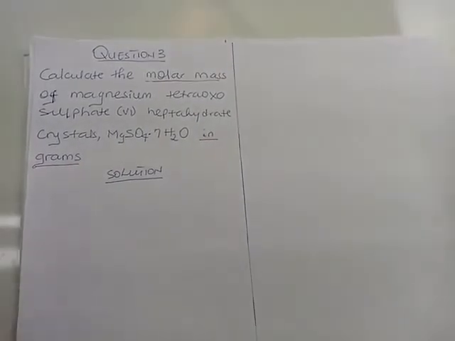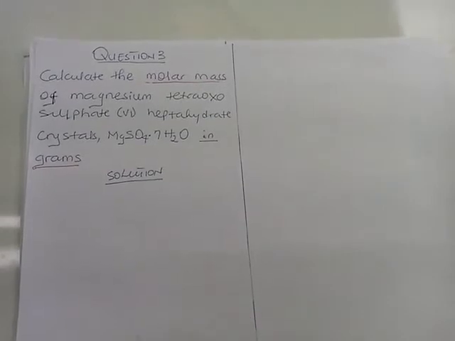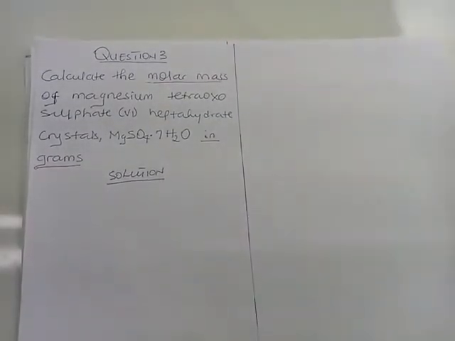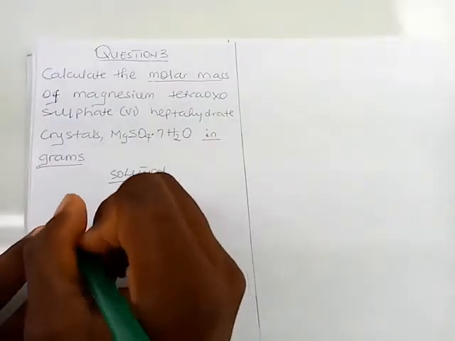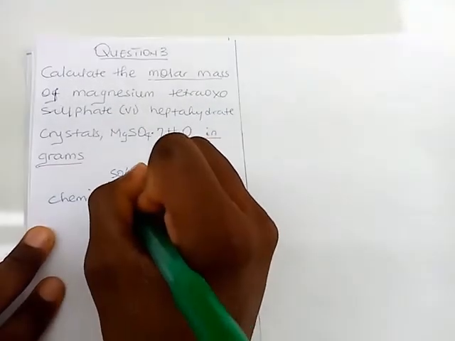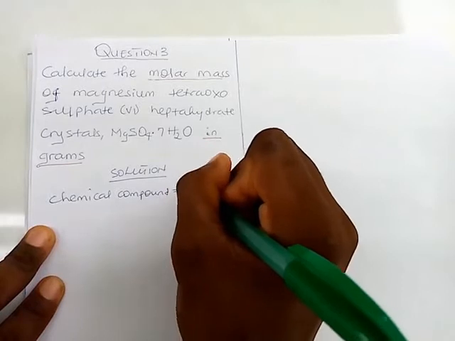Now, the connection starts from listing out the elements involved and then the number of atoms of each of that element in this chemical compound. Remember the chemical compound. It's a hydrated salt.